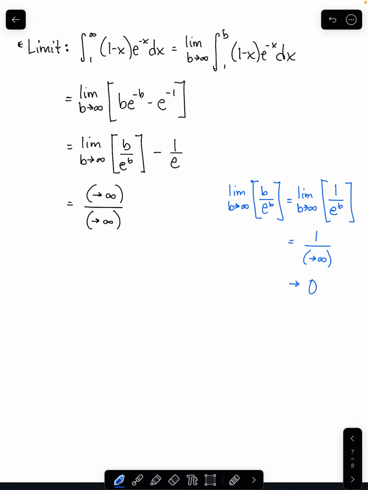Thus, this entire fraction is going to approach 0. So our limit approaches 0, and thus the integral converges to negative 1 over e.